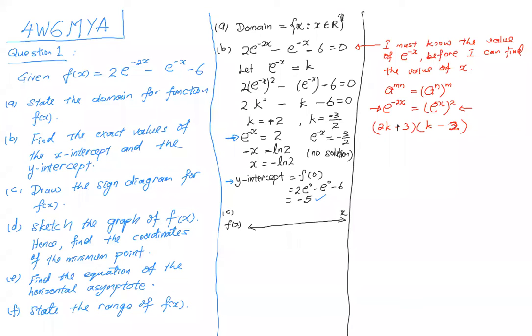No. So what should I mark down on the sign diagram of the x-axis? Negative ln 2. Yes, negative ln 2. So, Cindy, is it easy for Miss Do to tell you the answer, or is it harder for me to lead you to the answer? Please remember on the sign diagram, we are supposed to mark down the x-intercept.